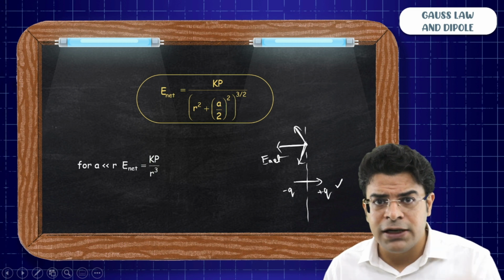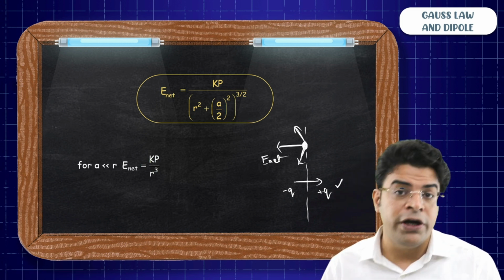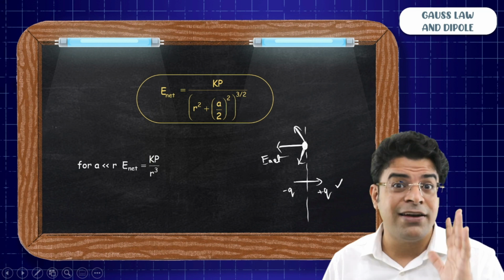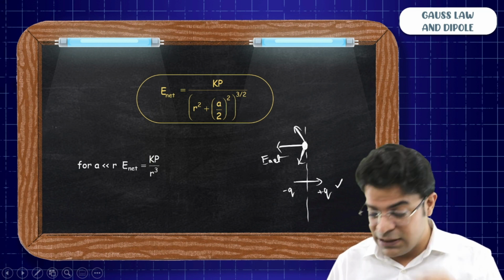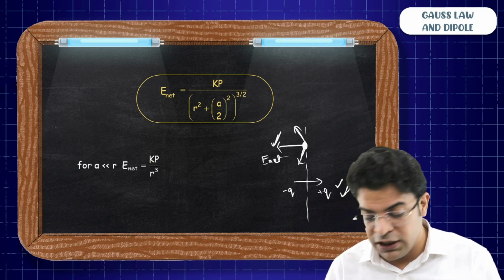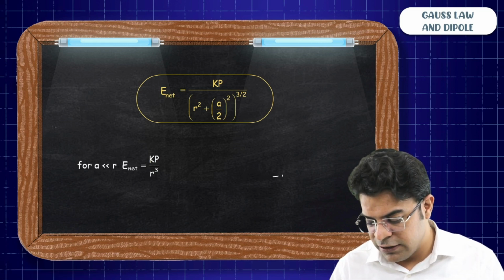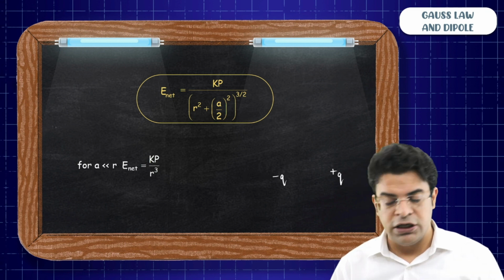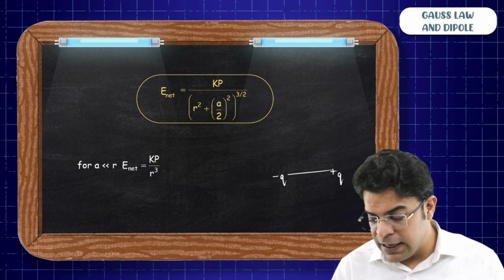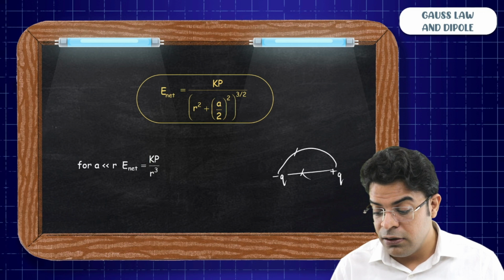So remember that at an equatorial point, the direction of electric field because of dipole is in the direction opposite to the dipole moment. Or you can simply think that if you have a negative charge and a positive charge, same magnitude, field lines originate at positive and terminate at negative.